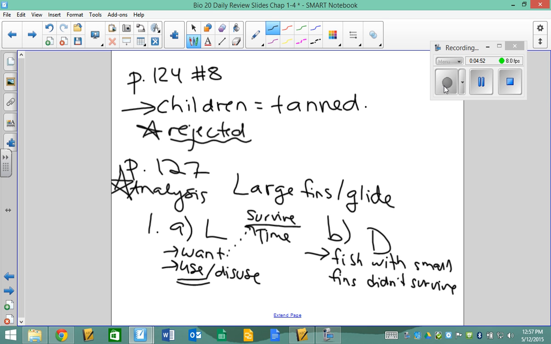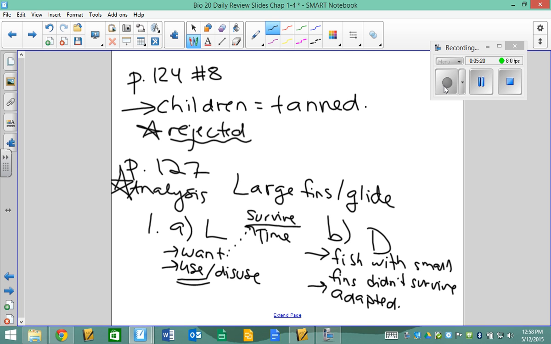He would say if you had smaller fins, you could not compete as well. So because there was overproduction, because there were more organisms than the environment could support, the fish with smaller fins that couldn't glide couldn't access the same resources as the fish with large fins. So remember, Darwin's theory is all based on who is the best adapted.